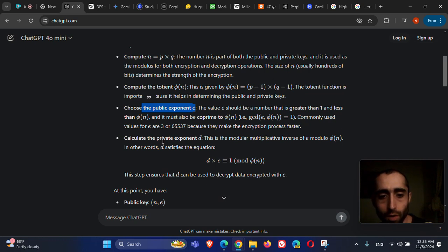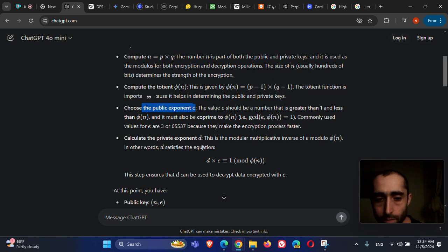Okay, calculate the private exponent d. This is the modular multiplicative inverse of e modulo the totient of n. In other words, this satisfies the equation. We need now to calculate d, which multiplied by the e that we calculated, this e that is co-prime to the totient of n, gives 1 modulo the totient of n.